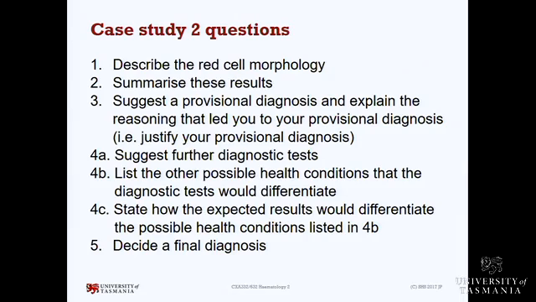Abnormal hemoglobins, particularly thalassemia, can also give you a microcytic hypochromic anemia. So that was in our list before. Okay, so there's a number of possible health conditions.